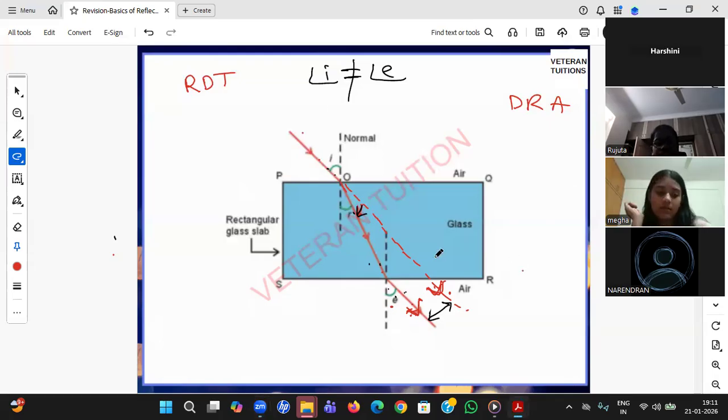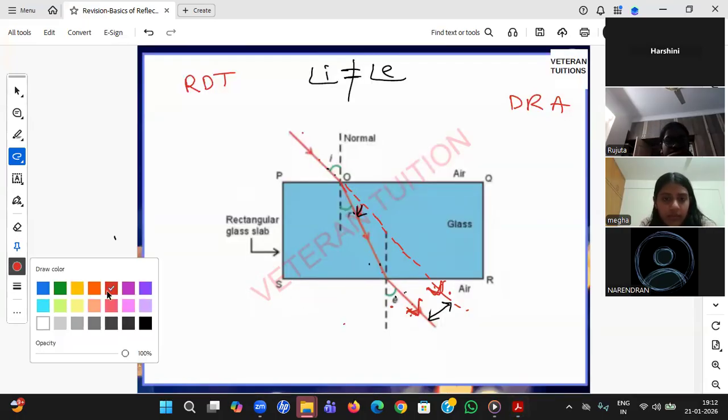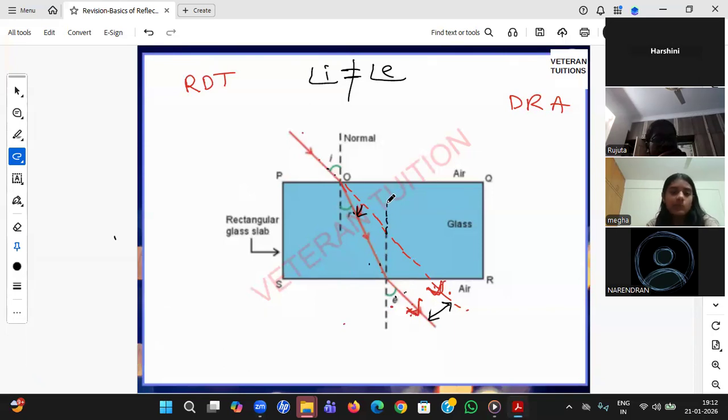Why equal? Sir, because they're parallel, right? They are parallel, so the angle formed is the same. So she is right, student, at one cause. But if you want to take the help of geometry, you can relate like this. Narendran, you said not equal. Let's take the help of geometry. Both are normal lines.